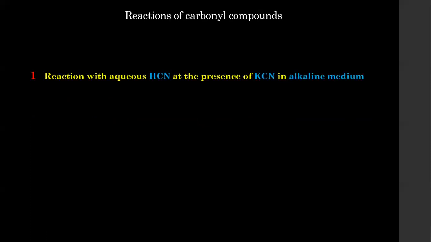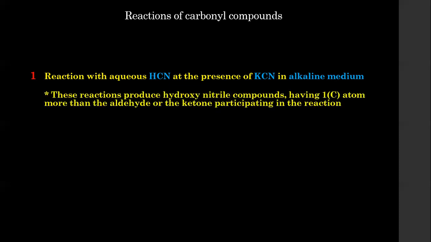When it comes to reactions with aqueous HCN, in the presence of KCN in alkaline medium, something special happens here. When these reactions happen, you get a compound called hydroxynitrile. Remember, aldehydes and ketones react with HCN to produce hydroxynitrile compounds.